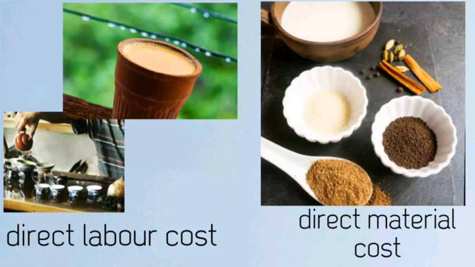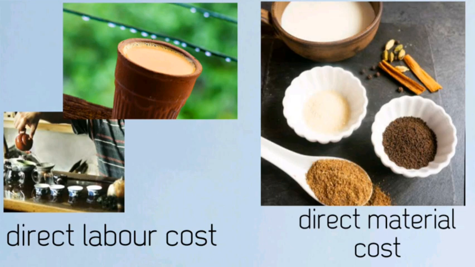Considering the previous instance of the tea purveyor, sugar, milk, and tea are the direct material cost, right? If you consider the direct labor cost, it is the amount of wages or salary paid to the direct labor involved in the production activities.